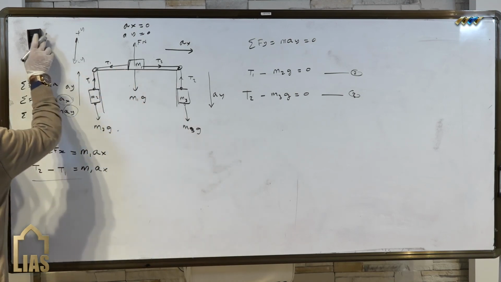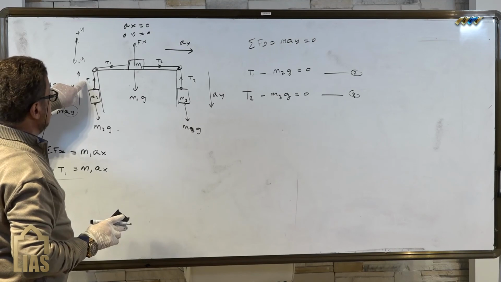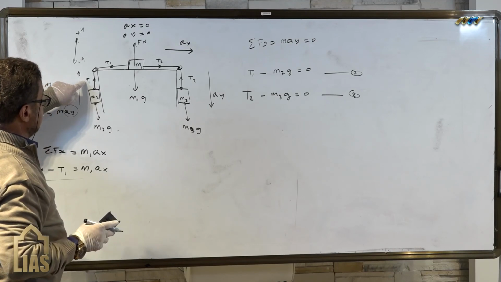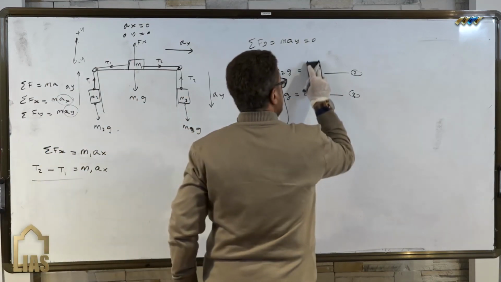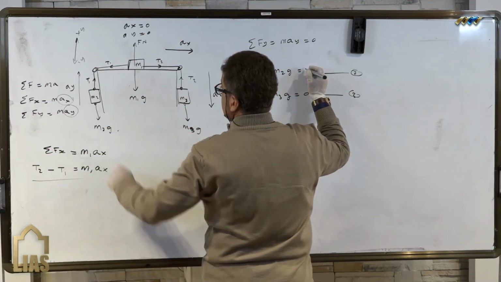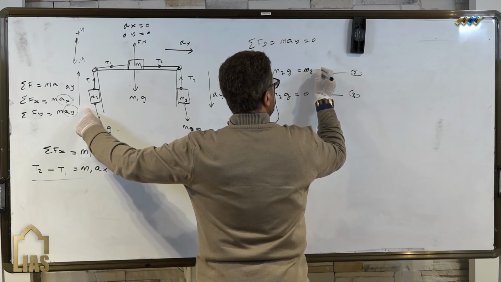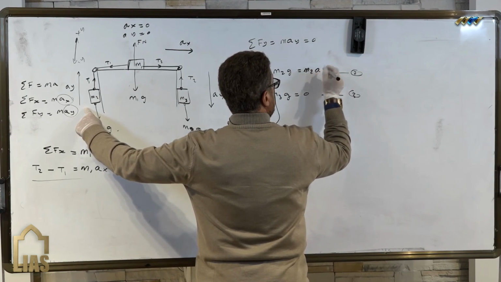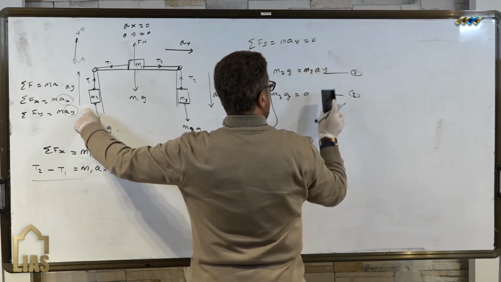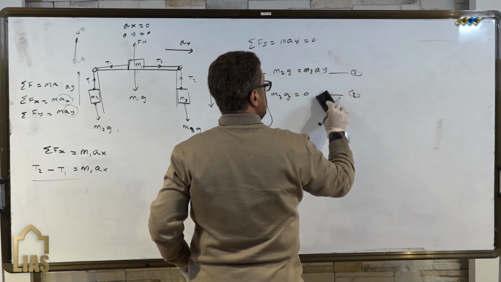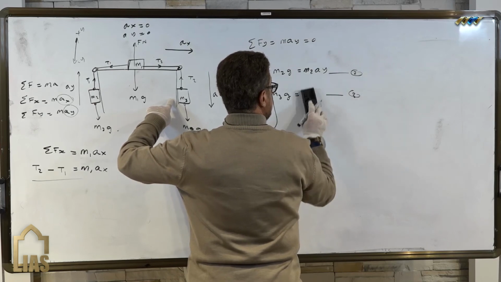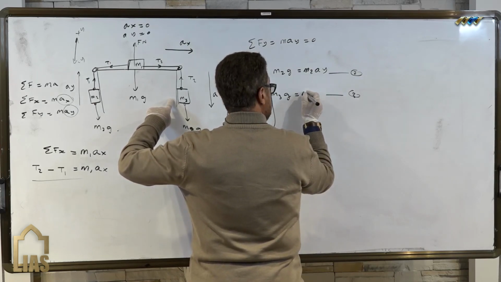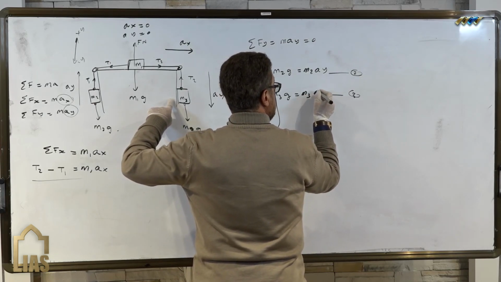But here, T2, okay, T2 minus mg is m2 ay, okay? Here, m3 ay.